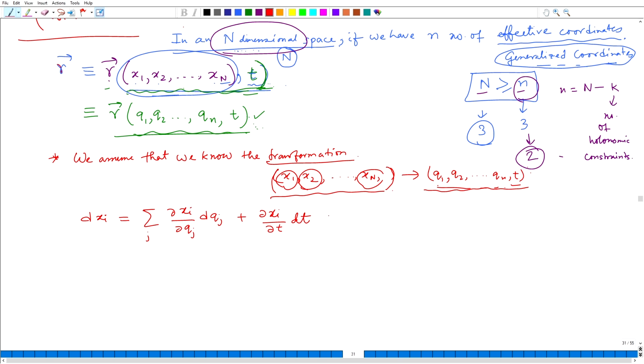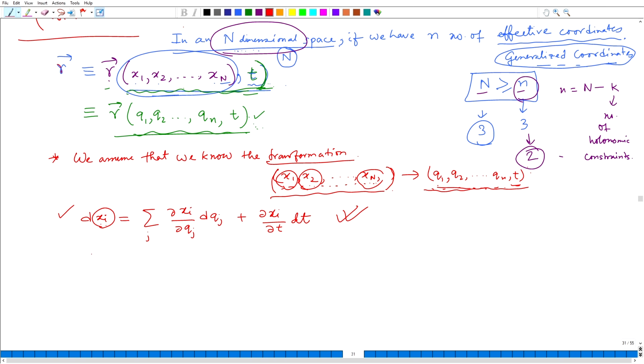Since xi is one of the capital N Cartesian components, it is a function of all possible q's and t, and I am writing, without losing any mathematical generality, this expression for the total differential of xi.